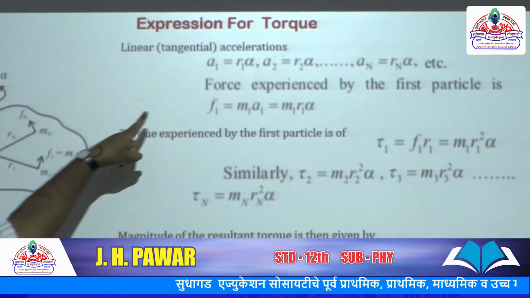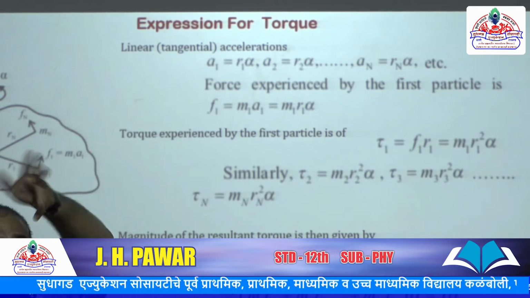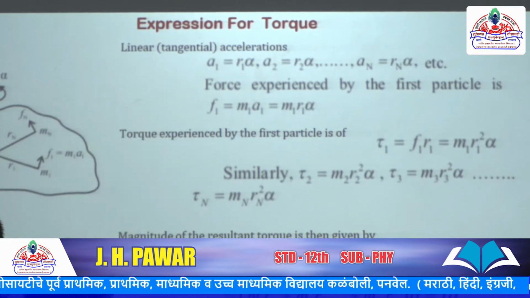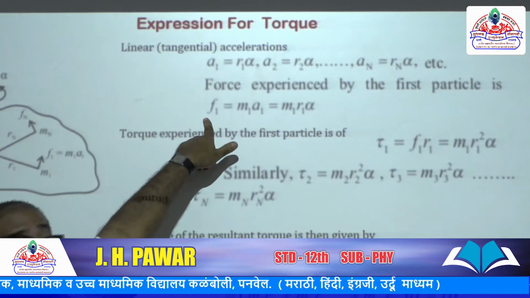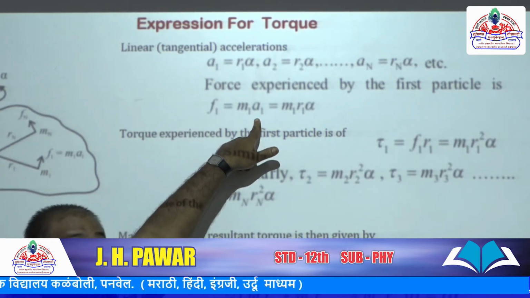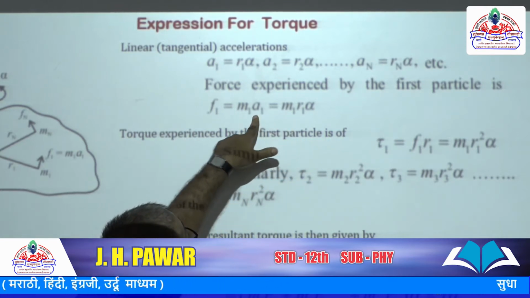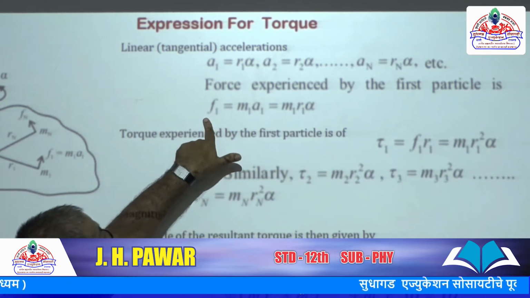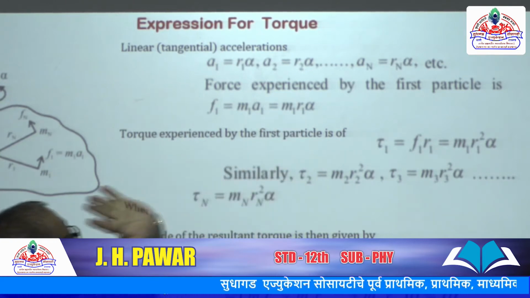The tangential force experienced by the first particle, according to Newton's second law, with acceleration a1 and mass m1, has magnitude f1 equals m1 a1. It acts tangent to the circular path, and a1 is nothing but r1 alpha, so f1 equals m1 a1, or m1 r1 alpha.